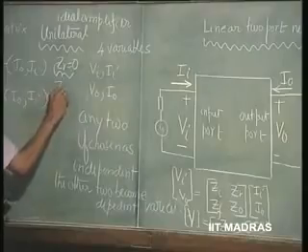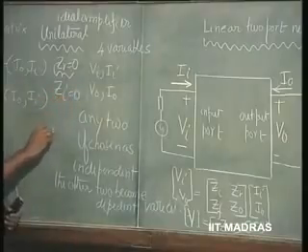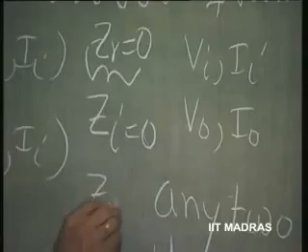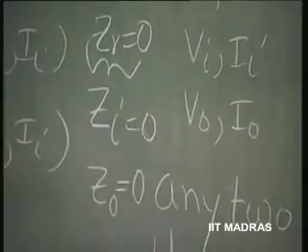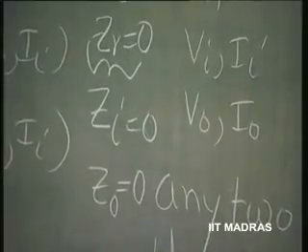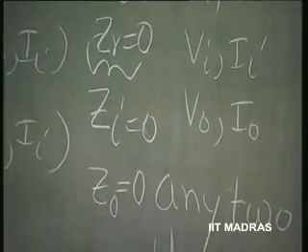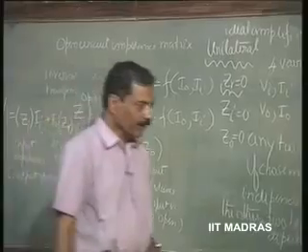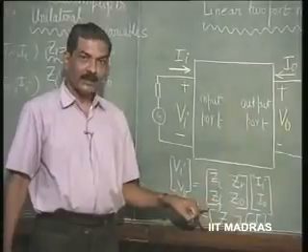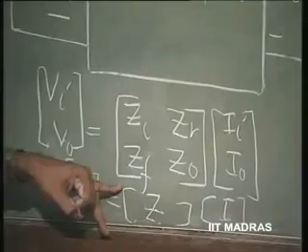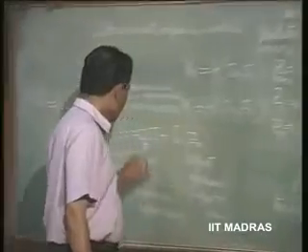In an ideal amplifier, Zi has to be 0 and Z0 also has to be 0. So you will see that an ideal amplifier matrix representation is nothing but 0, 0, 0 and Zf. What is that amplifier? Look at it, what is Zf?